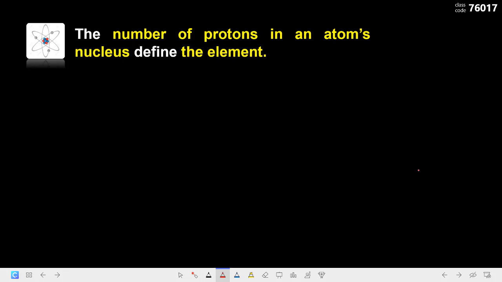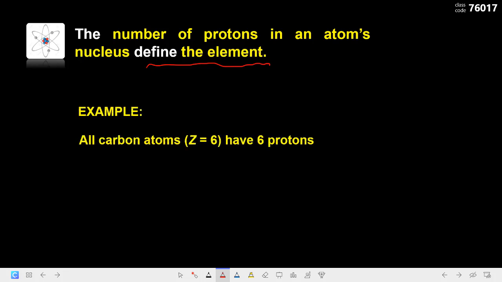The number of protons in an atom's nucleus defines the element. Jadi bilangan proton yang ada dalam nukleus sesuatu atom itu mendefinisikan, menunjukkan sesuatu elemen. For example, let's say I have carbon. Carbon must contain 6 protons. Carbon atom mesti ada 6 proton in the nucleus.